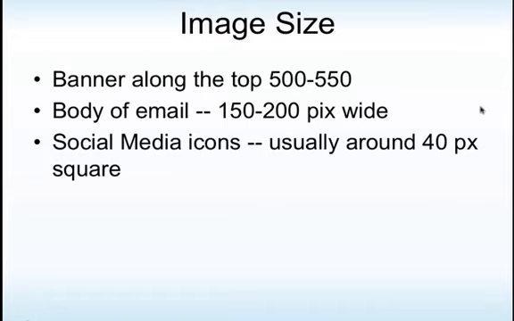If you're putting an image within the body of the email, so you have maybe an article or a paragraph of information, and then you're putting in an image, that image should be about 150 to 200 pixels wide. Again, you're going to have text wrapping around the image, so you need to allow for that kind of space.